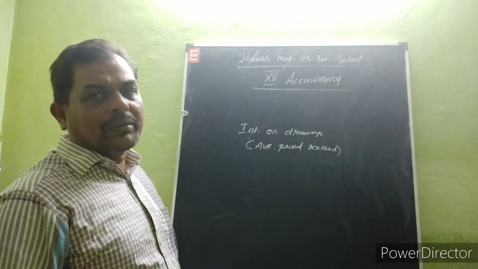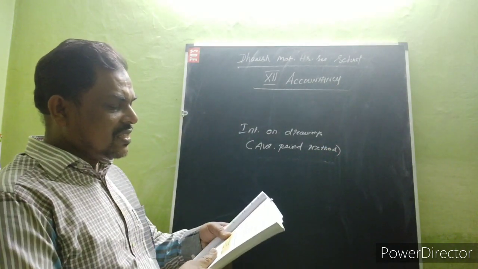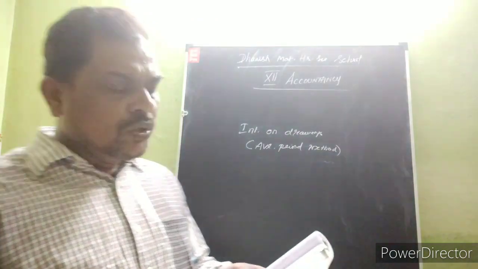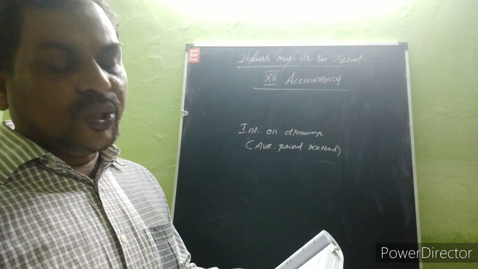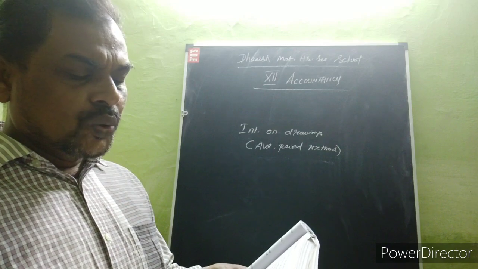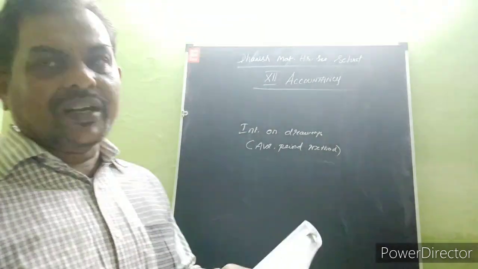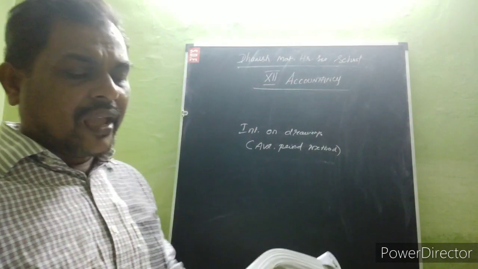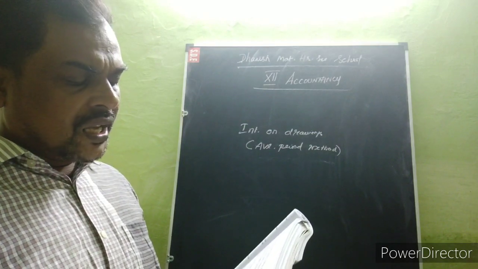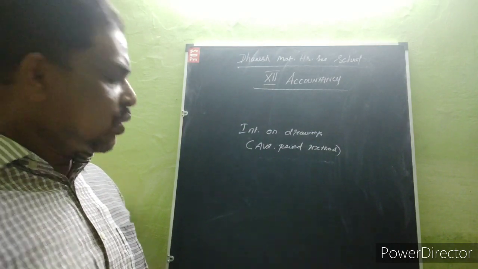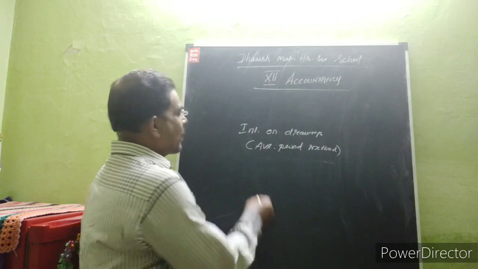Under the average period method, the formula is total amount of drawings made during the year into rate of interest. Rate of interest is already given in the question. And average period by 12.